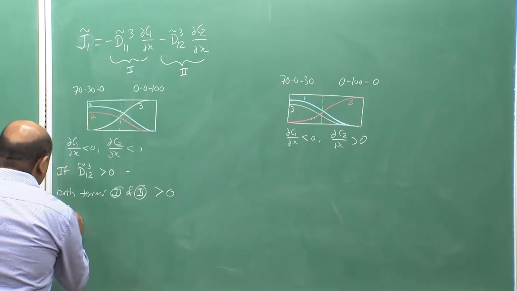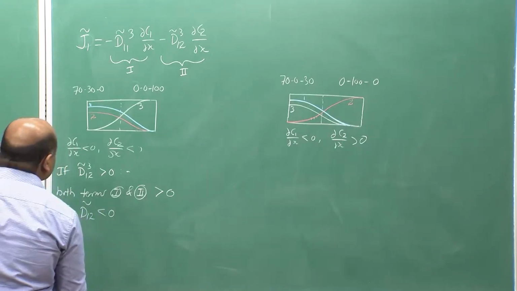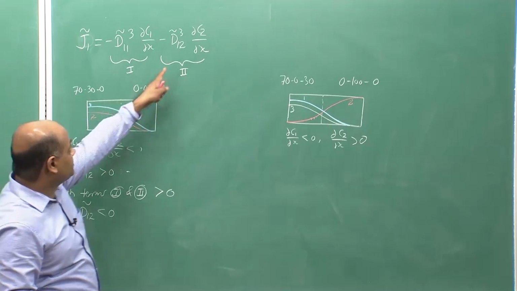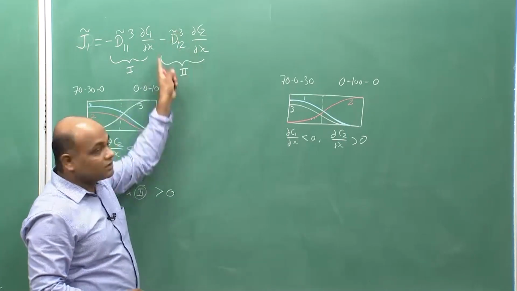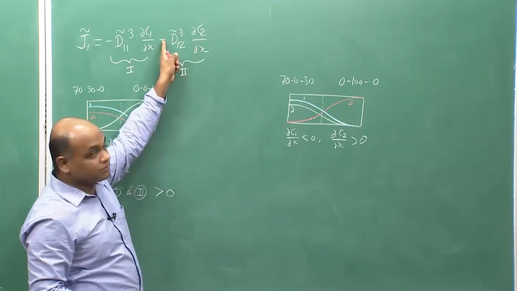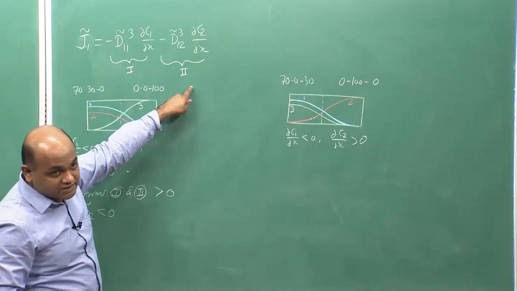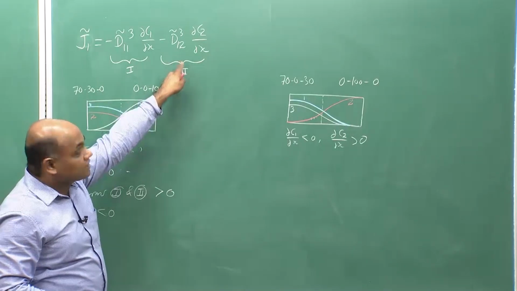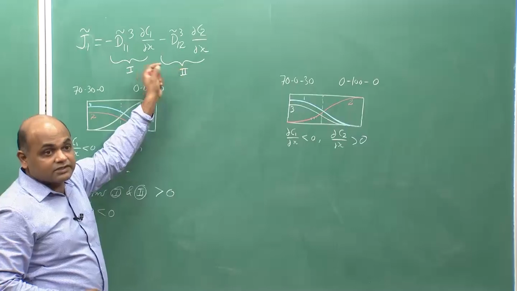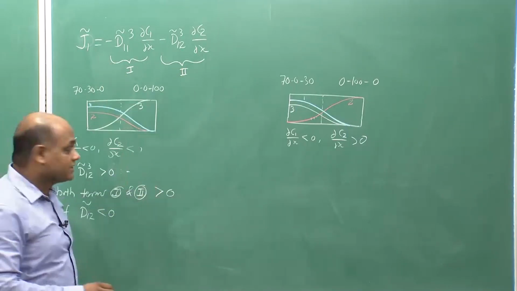If it was negative, what should happen? Term 1 is positive, but D12 is negative, so this overall term becomes negative, because negative negative is positive and there is one more negative term here. So the first term is positive, the second term is negative. The cross term has a subtractive effect, that is why we say the flux of 1 is reduced.